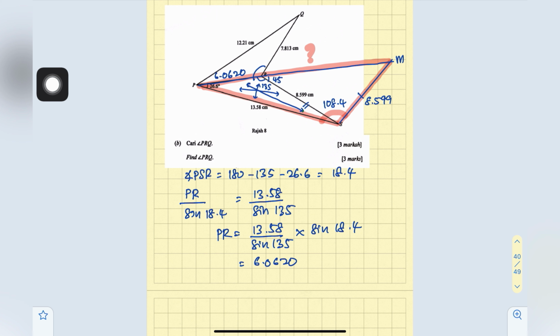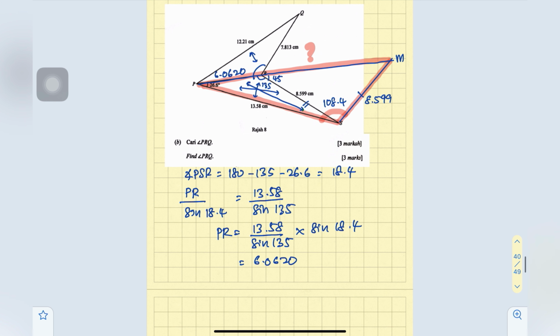Okay, so focus in this triangle. Kita nak cari PRQ. Kita tak ada satu angle pun, tapi kita ada semua length. So kita boleh guna cosine rule. Okay, so this one 12.21 lah dia punya subject.